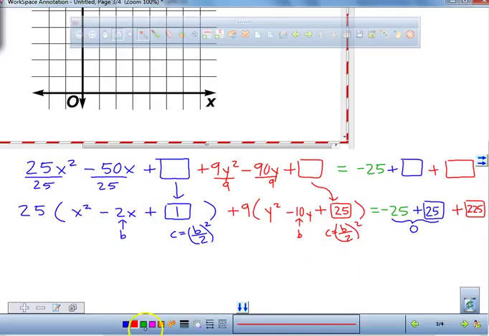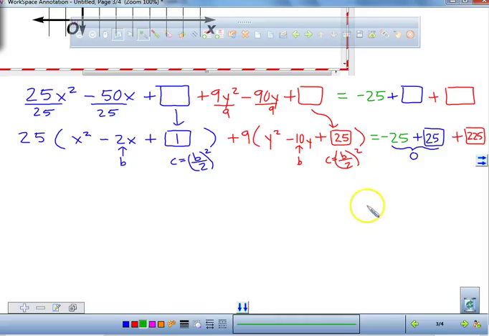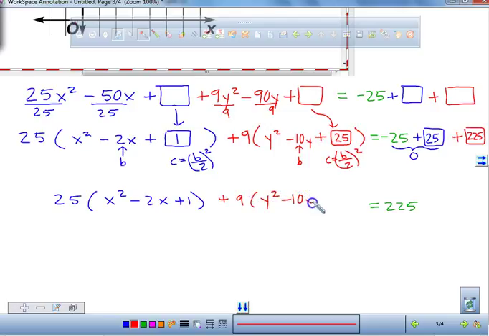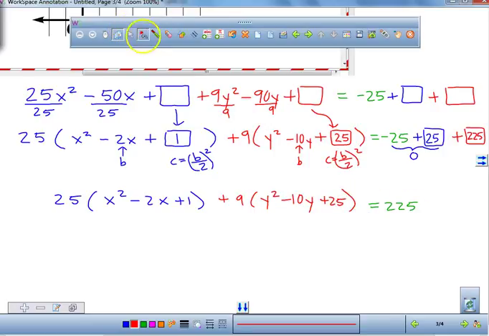So what's the only thing that happens over here on the right-hand side that all equals a 225? So let me rewrite what we have. We've got a 25. We've got an open parentheses, x squared minus 2x plus 1. Then we have plus 9, open parentheses, y squared minus 10y plus a 25, all equals this.